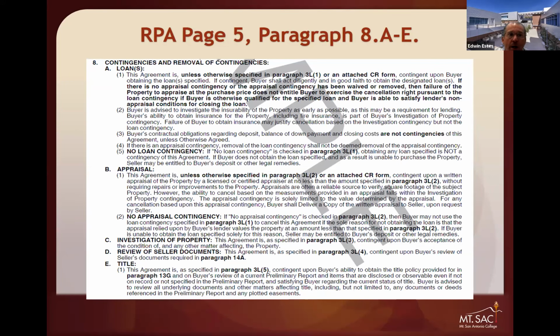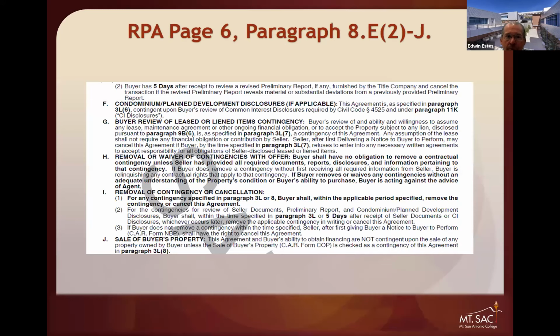And then moving on in paragraph 8, we have the disclosure on condominium plan development, buyer review of lease and lien items like HERO and PACE loans, removal of contingencies with offer, the warning to the buyer not to do that, removal of contingency or cancellation, and J, sale of buyer's property. Per paragraph 3L8, the COP form will be included.